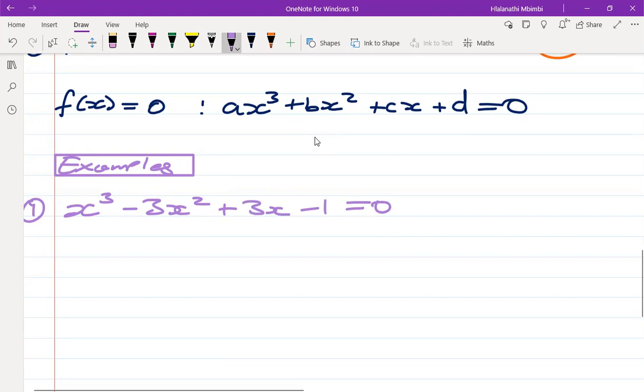Anyone who was in a class before this one? Probably x minus 1 cubed. Yes. So some of these problems, you can look at them and be like, I've seen you.